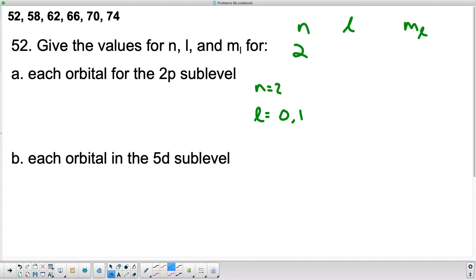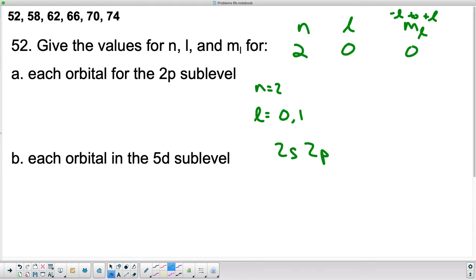And when it's 0, that means, okay, now think about this, this would be the 2s. So we have two sublevels in the second main energy level. We have the 2s and the 2p. So the first one here is the 2s. M sub L, if you remember, goes from negative L to positive L, and there is no negative or positive 0, so it's just 2, 0, 0.